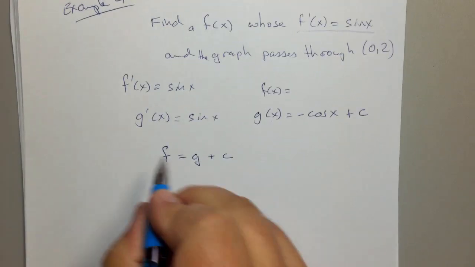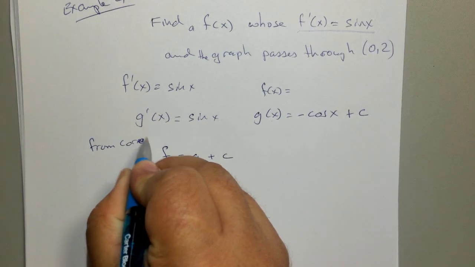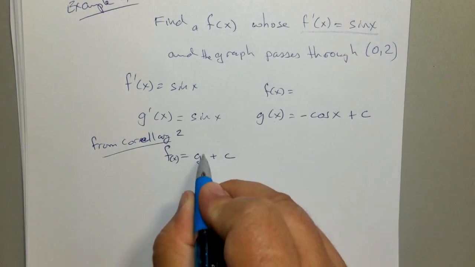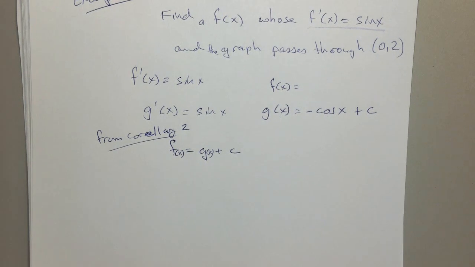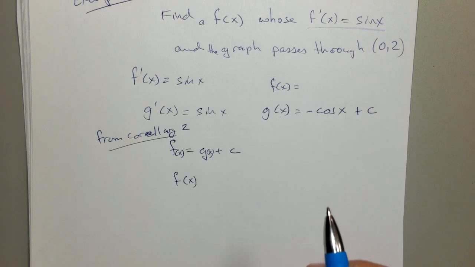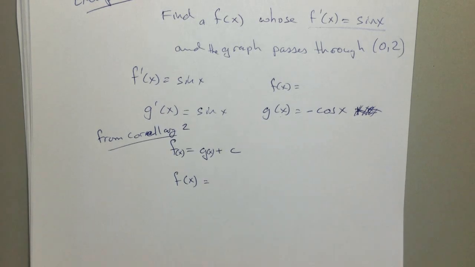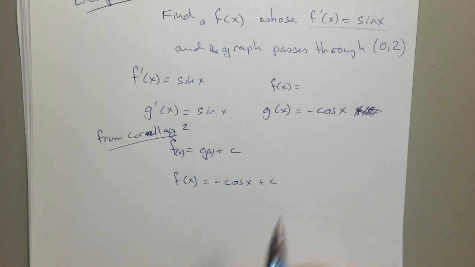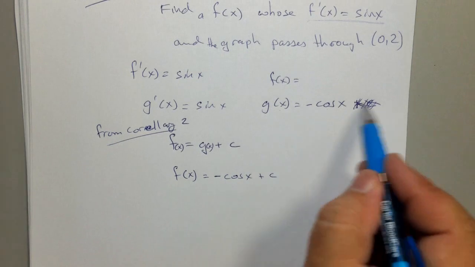So from corollary 2, we have f of x equals g of x plus c. I'll save that. So in the g of x, forget the plus c.